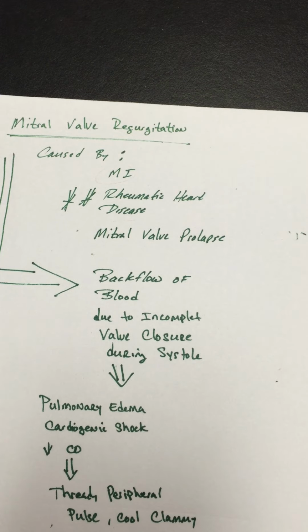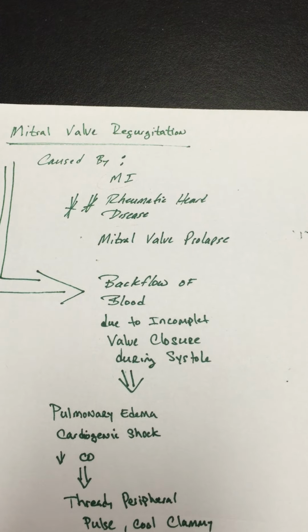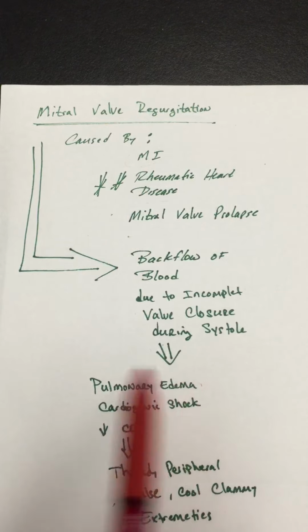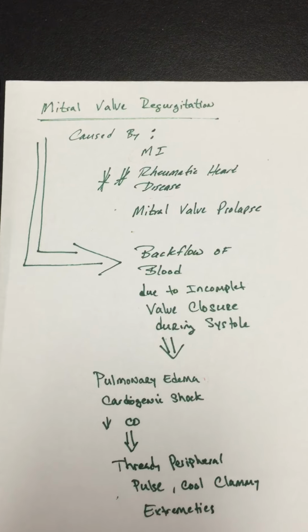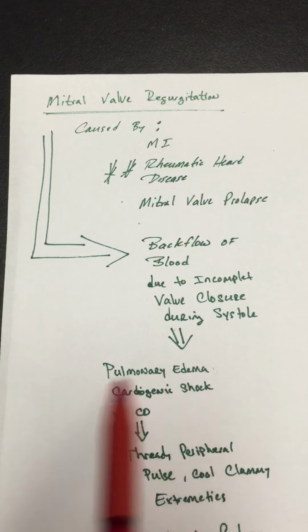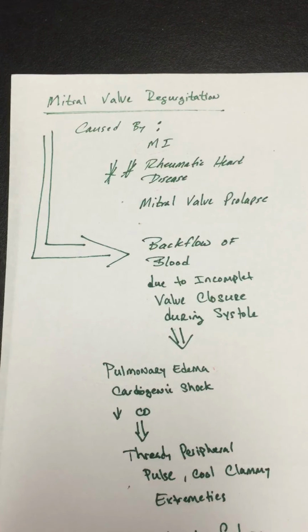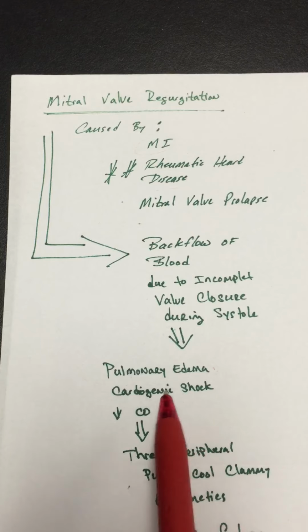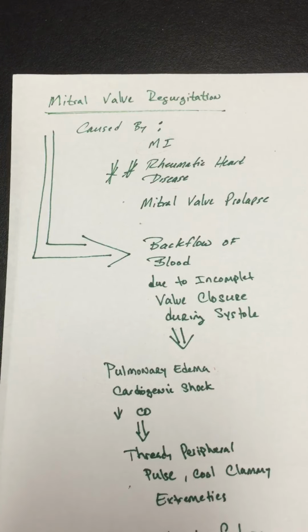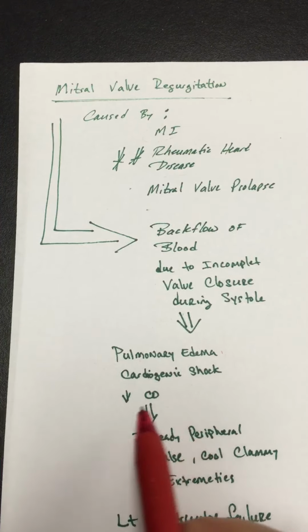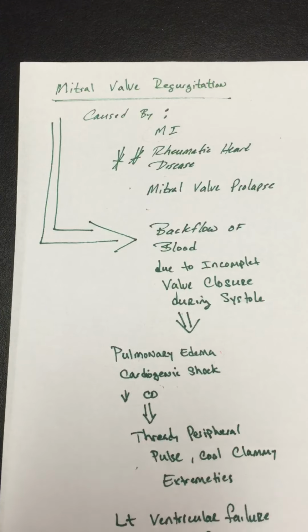This blood again has the potential to go back into the lungs. Fluid accumulation in the lungs results in pulmonary edema, also cardiogenic shock. We'll talk about cardiogenic shock in a different lecture. But again, we have to worry about decreased cardiac output.